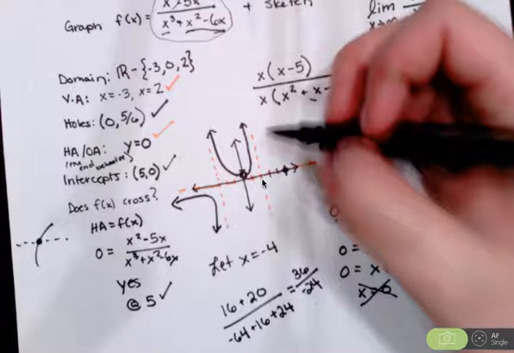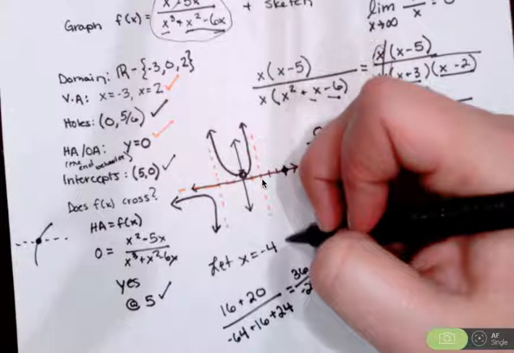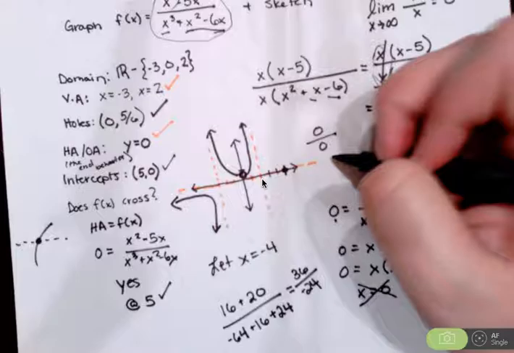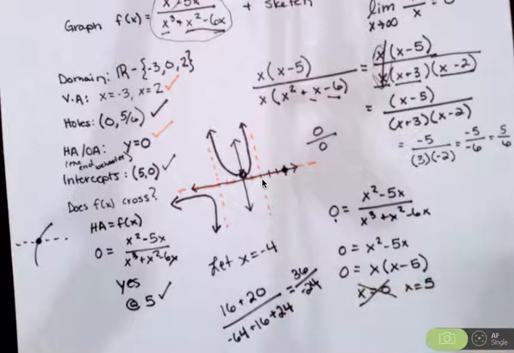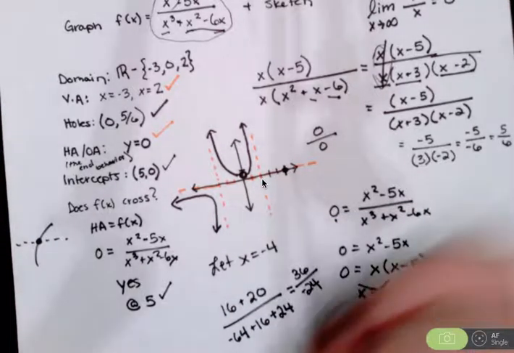Then again, I don't know if this is going to start from above and go through that intercept or start from below and come through that intercept. So again, I just pick a point. I'm going to choose 3 because it's my smallest next to it.